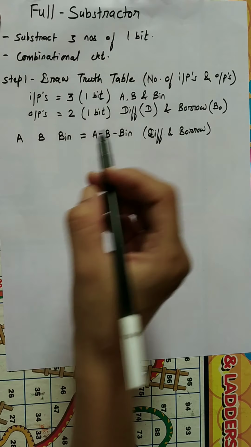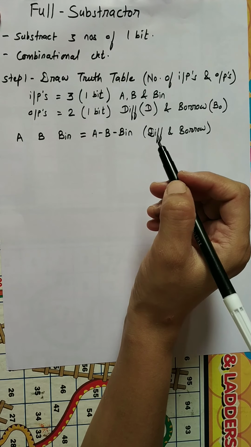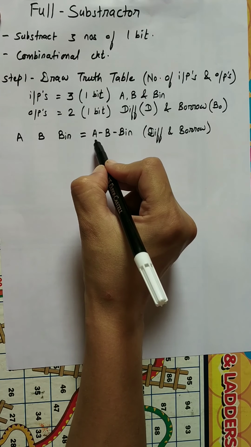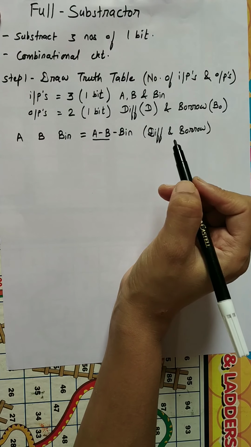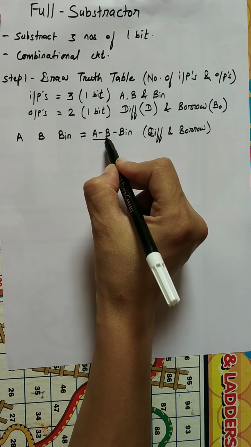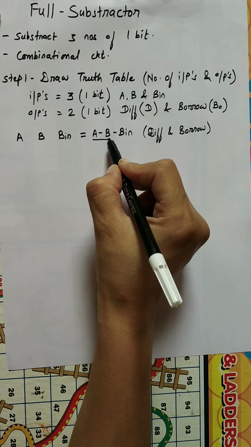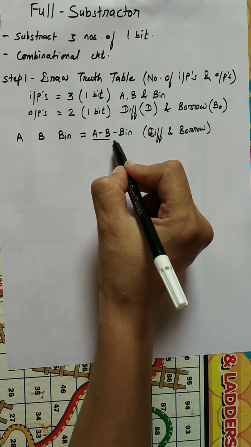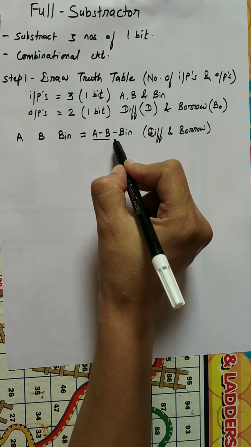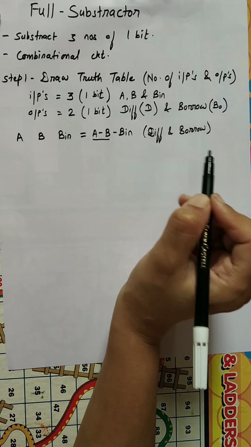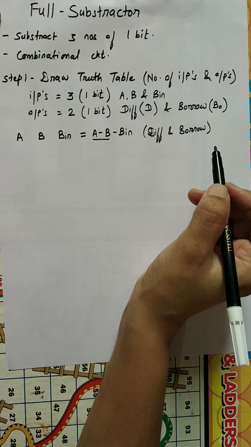How do we perform this operation? First I perform A minus B, and then from that output I subtract B in.